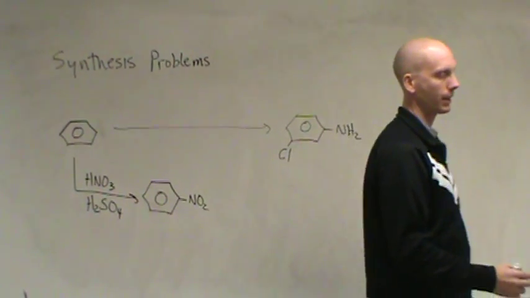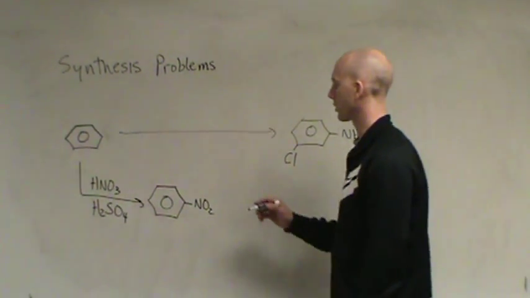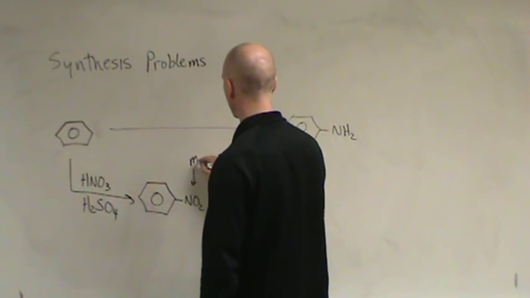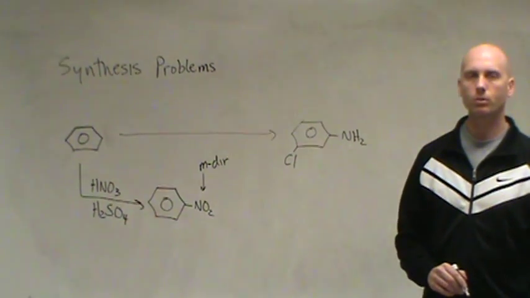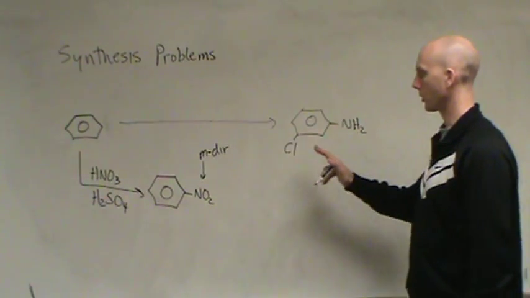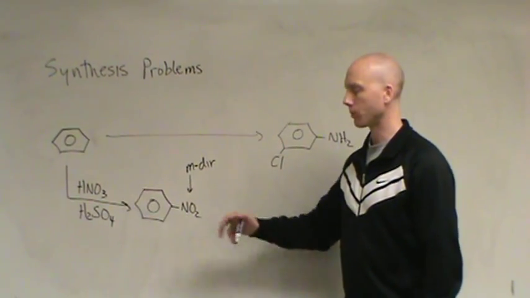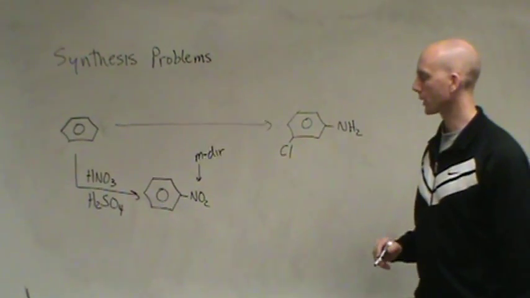So we put on the nitro group first. Okay? Remember the nitro group is a meta director. So at this point, I would not want to convert to NH2, but I want to take advantage of its meta directing ability to now add on the chlorine.